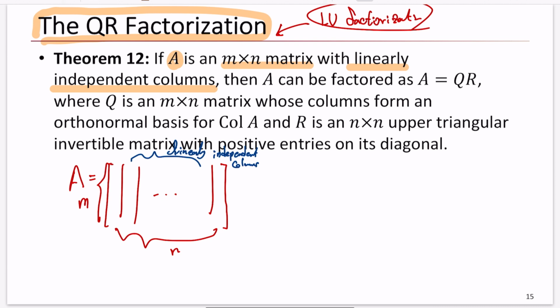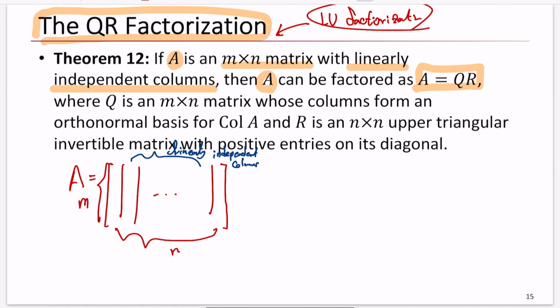Then matrix A can be factorized as A equals QR. First of all, if matrix A does not have linearly independent columns, then matrix A maybe cannot be factorized as A equals QR. Anyway, we just need to assume A has linearly independent columns.